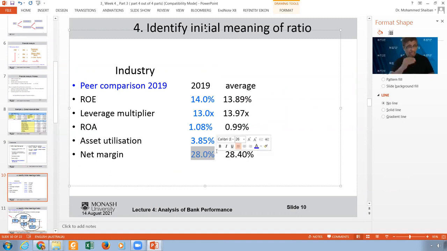Maybe the expenses after the gross profit, after we get the income from the operations, which is the net interest income and the non-interest income, minus interest expenses and non-interest expenses. When we start to deduct the admin expenses, maybe that number is huge. And this is why the net income has eaten all these, not all, but made a big impact compared to the industry. This is just one of the questions that you have to ask yourself.